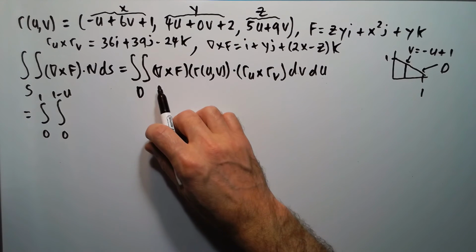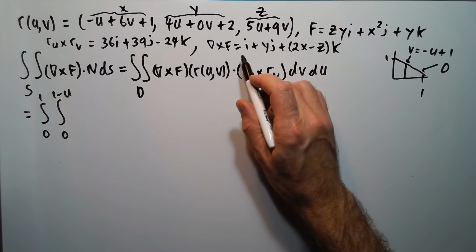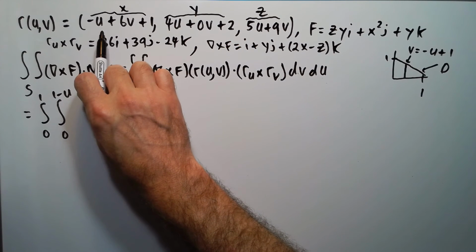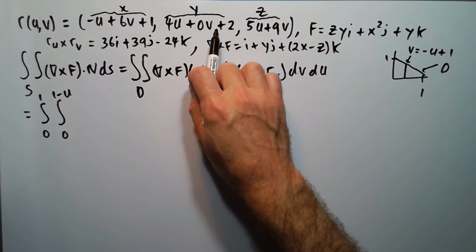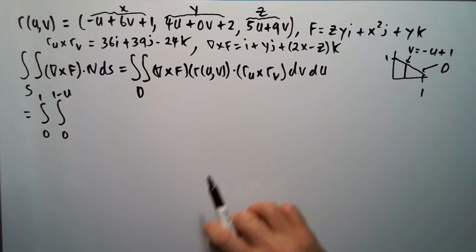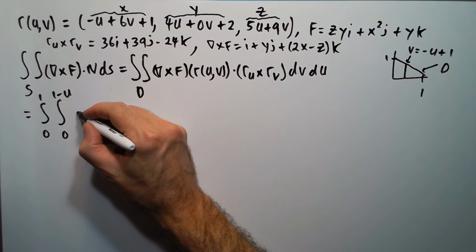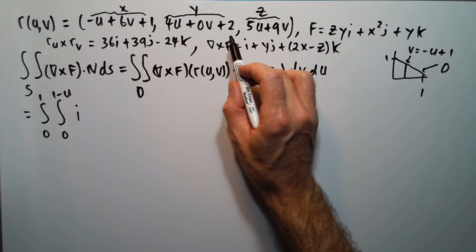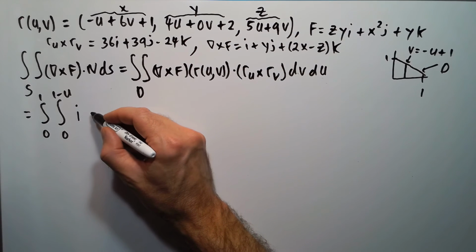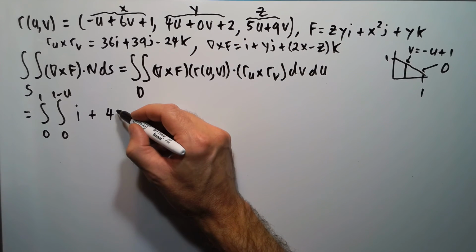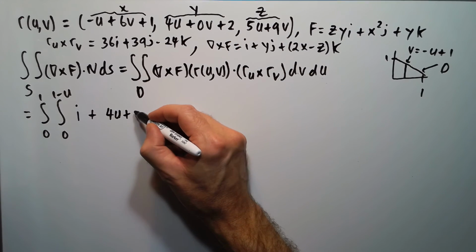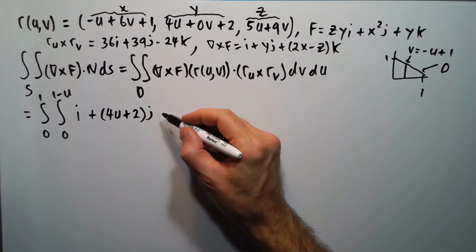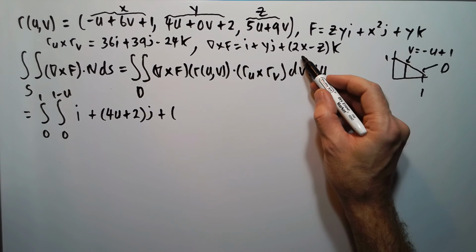Okay, so now we're looking at the curl guy. We're not looking at the F, we're looking at the curl, so this guy here, and we're composing it with our r(u,v). So that's my x component, that's my y component, that's my z component. So it's going to be i, it's going to stay i. Y, but y now is 4u plus 2, so it'll be plus 4u plus 2j, and then plus 2x.